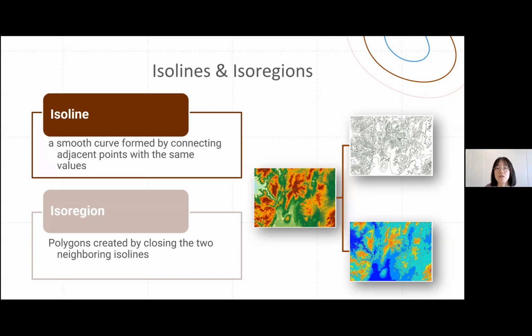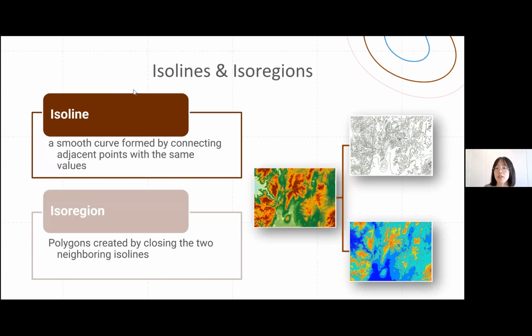We have a lot of tools here, like we can extract isolines with equal interval. But if you are really interested in some given values, then you can extract given values of isolines.